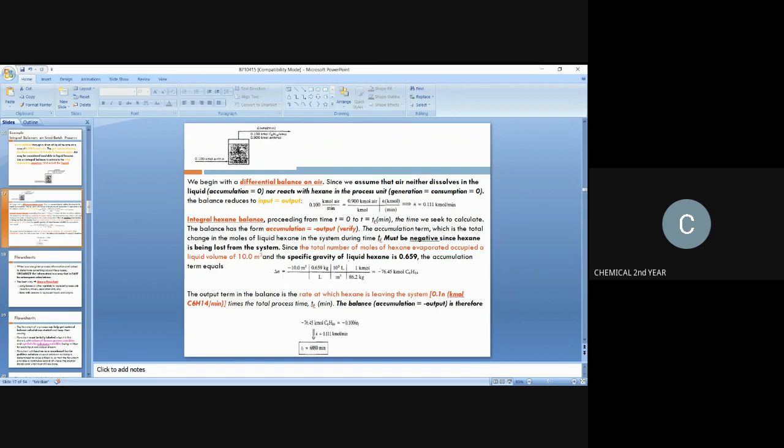The balance is accumulation equal to output. Therefore, minus 76.45 kilomole of hexane is equal to the output, so that n is equal to 0.111 kilomole per minute. From this, t final is equal to 6,880 minutes.